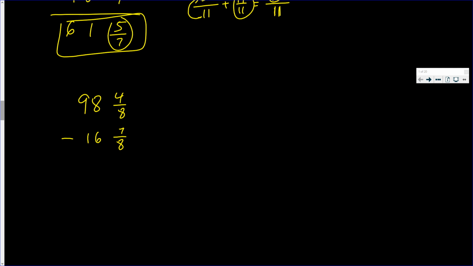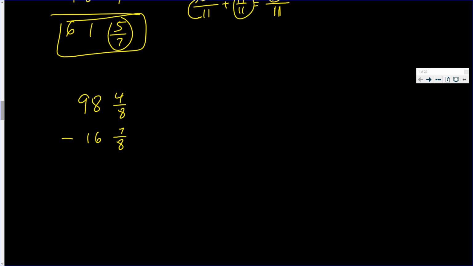I would say reduce it if this was 4 over 8 and this was 3 over 8. This would reduce to 2/4, and this would reduce to 3/4. I would not reduce that to a half, because then the denominators are not the same. So be careful with reducing.